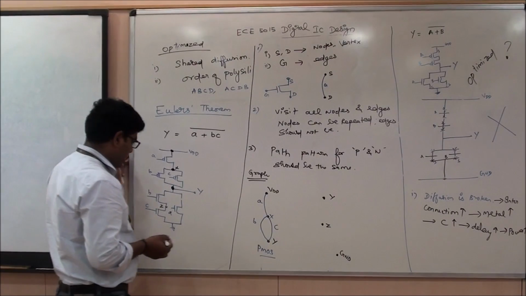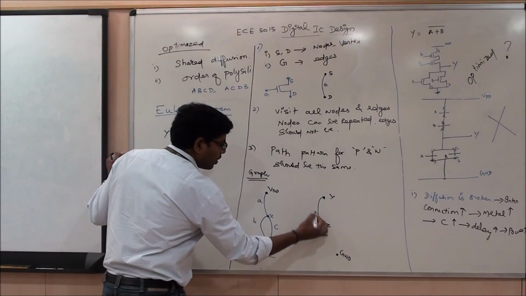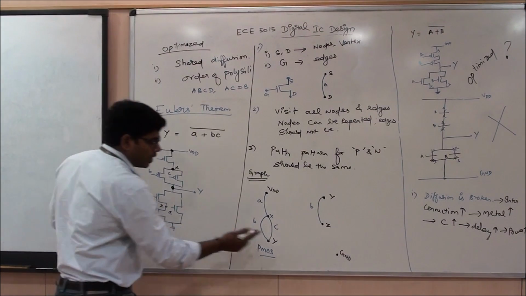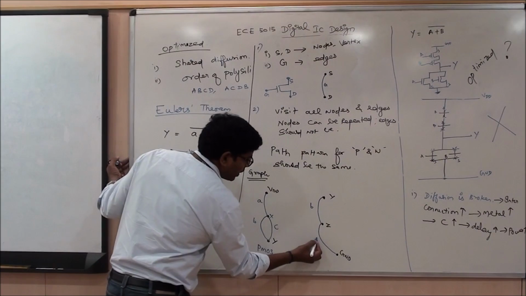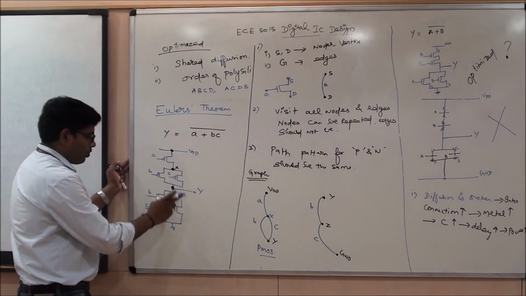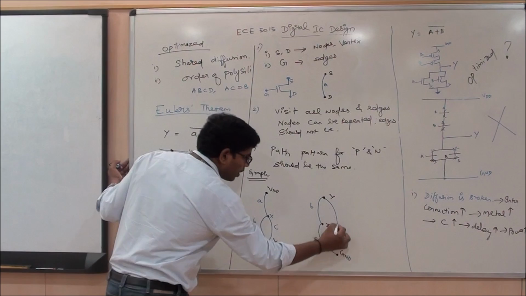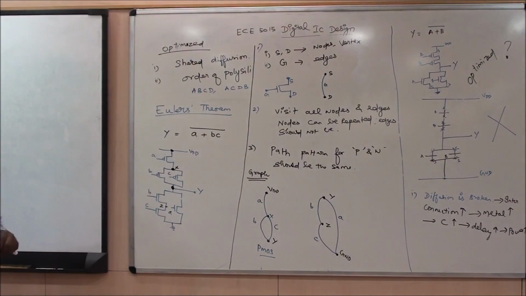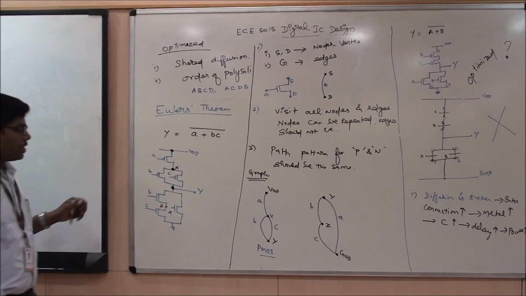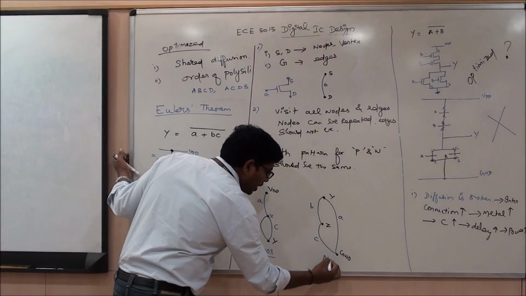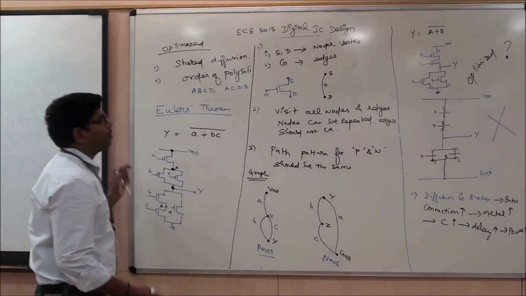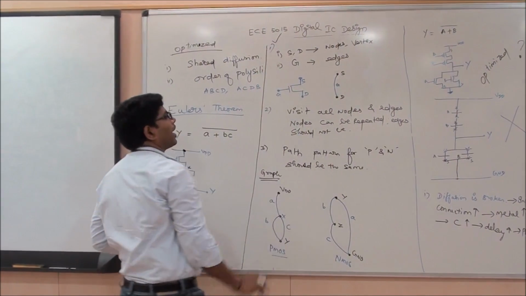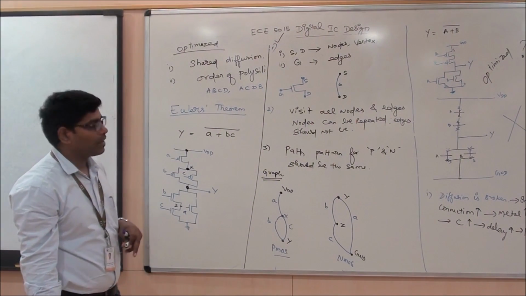So between Y and Z you have B. So this is my B. Between Z and ground you have C. So this is my C. Between ground and Y you have A. So I have connected my A. That's it. So this topology is for an NMOS. So we have completed two steps of this. That is, we have created a graph for the schematic.